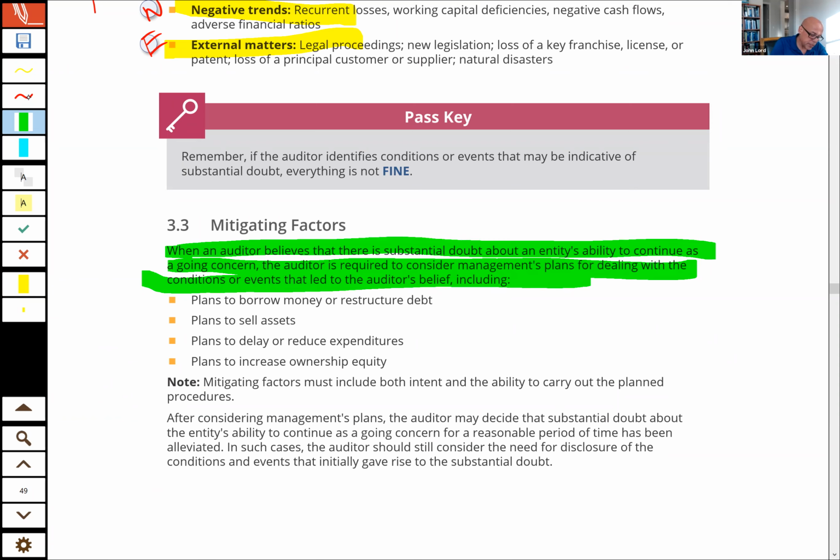Some things that could alleviate a going concern issue would be plans to borrow money, sell assets, delay or reduce expenditures, plans to increase ownership. The federal government can borrow at the risk-free rate of interest apparently forever because they have $20 trillion of debt. Back then it was only $5 trillion. Now it's 20-something trillion, and they continue to borrow, so the federal government can borrow. That'd be a mitigating factor.